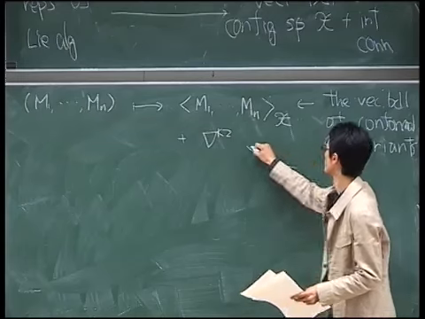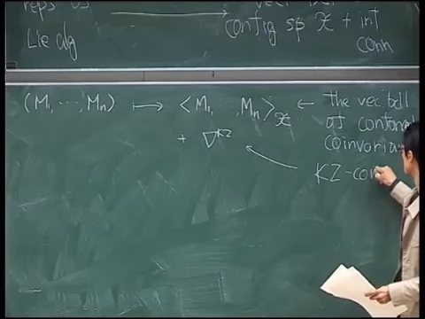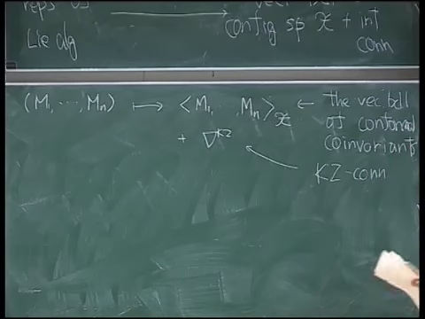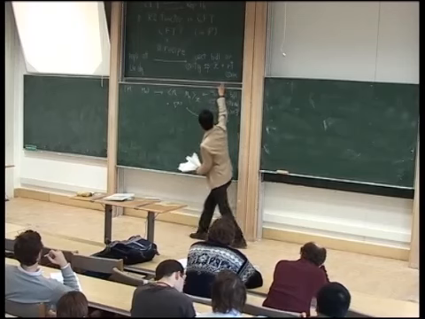And this connection is called the Cherednik topological connection. So anyway, you have some vector bundle with connection.